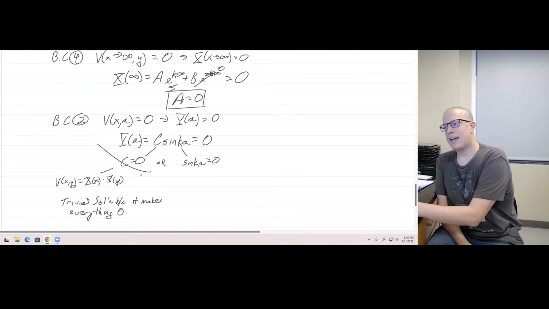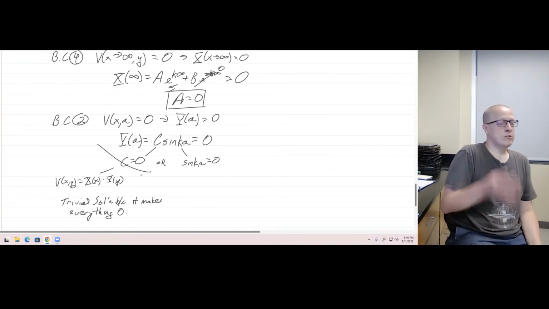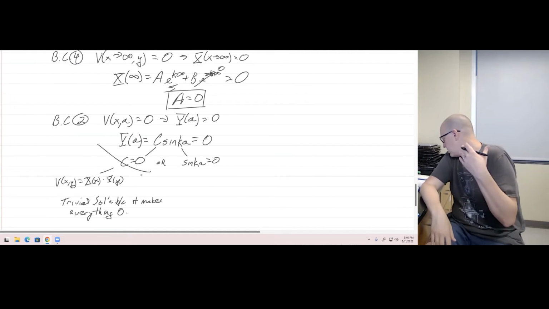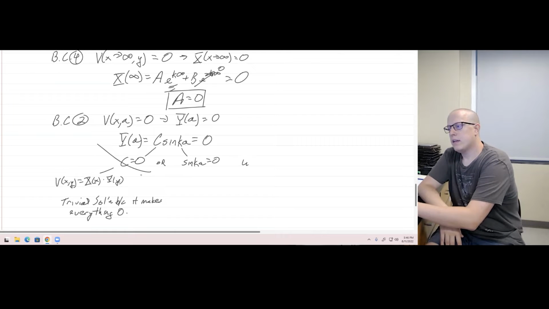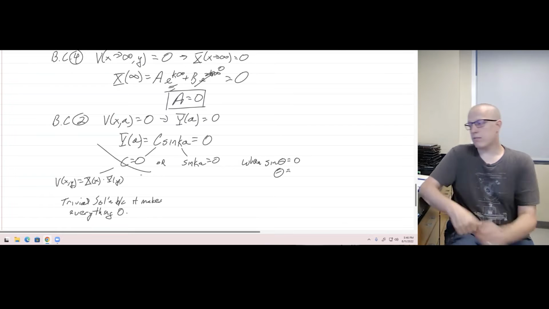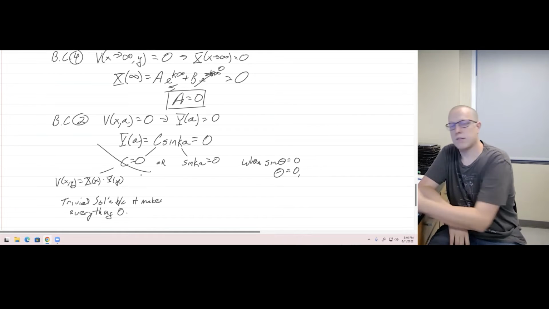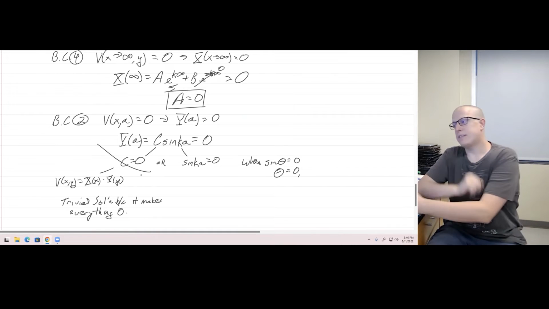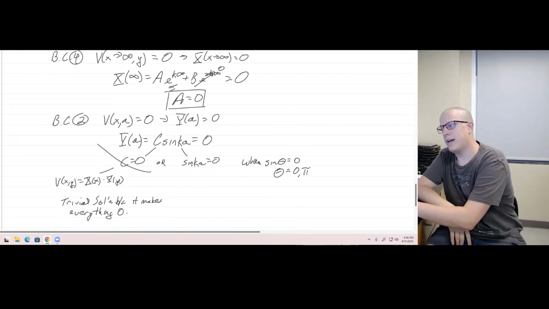Instead, we have this sine of ka is equal to 0. So if we think about sine, it's going to oscillate, right? Sine of theta is equal to 0 when theta is 0. Right? Sine of 0 is 0. And then if you think about sine, it's going to come back to 0 when theta is pi, and 2 pi, and 3 pi, and so on and so forth.